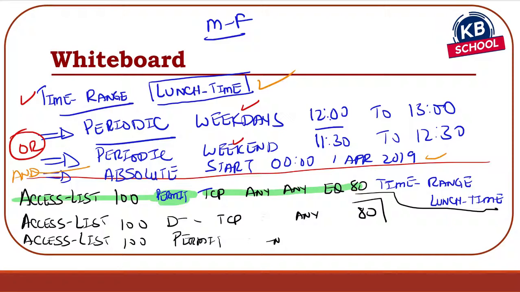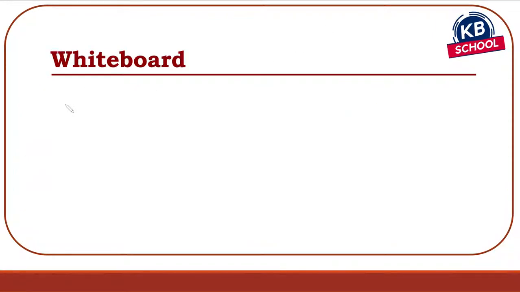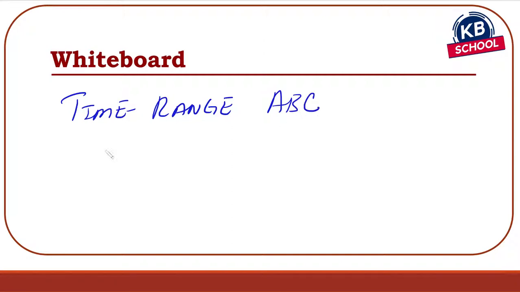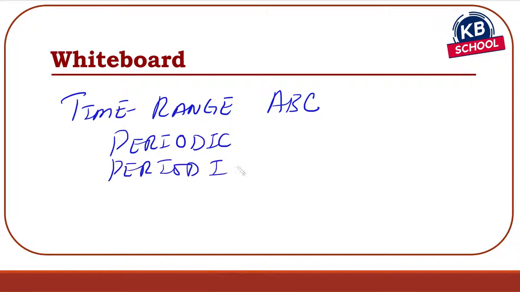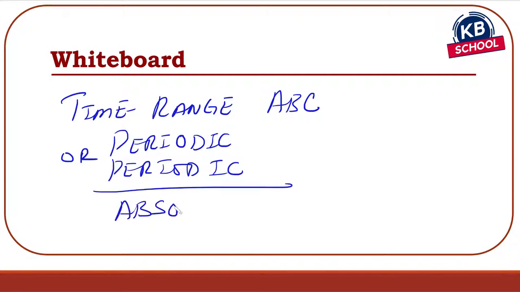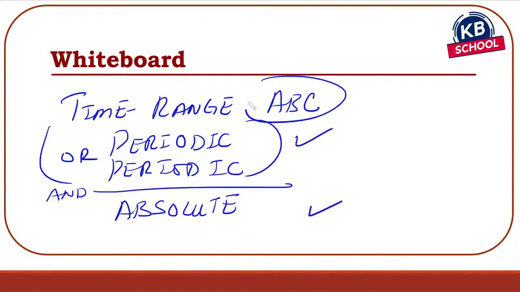Just to recap, when you have multiple periodics within a time range, this is an or statement. But when you couple it with an absolute, it's an and. So it's an or between the two periodics, either one of them true, okay, and the absolute is true, the time range becomes active.